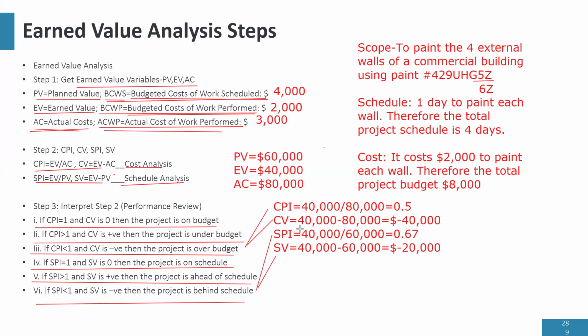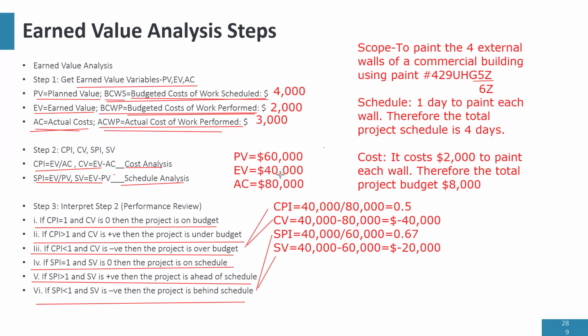It means that this project is over budget and behind schedule. This is the power of earned value management. This project could be anywhere in the world, but you don't even have to be there to know what's going on. Just get these 3 variables and you can interpret what is going on in your project.